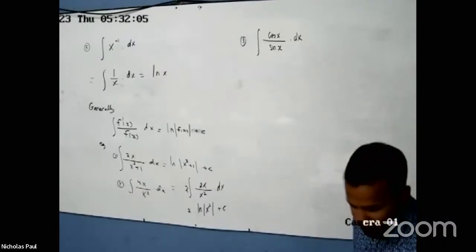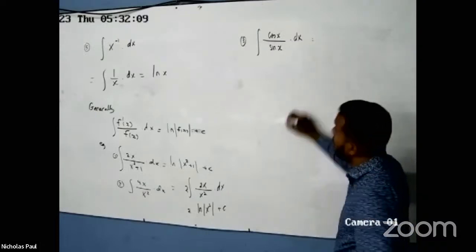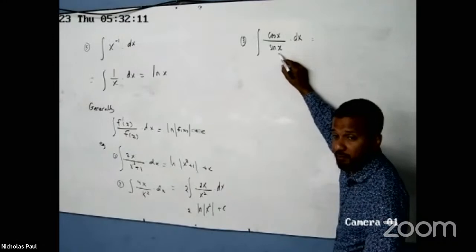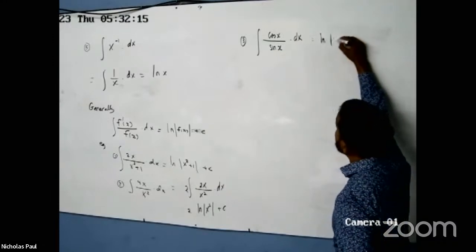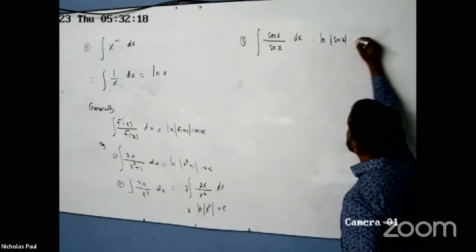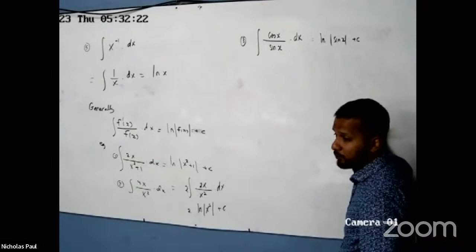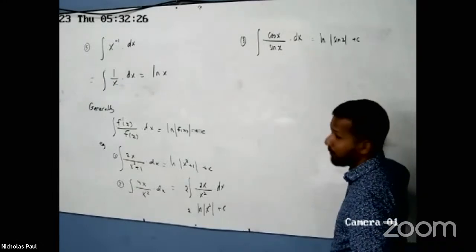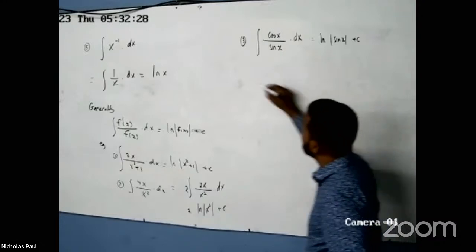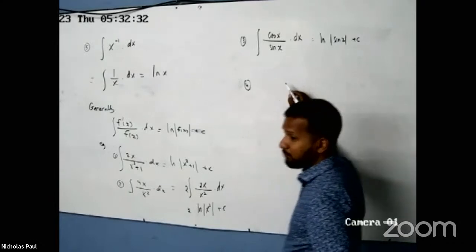What did I get for this one here? What's the differential of sine? Cos. So you're done. So the answer is ln of sine x. That's it. Easy, right?